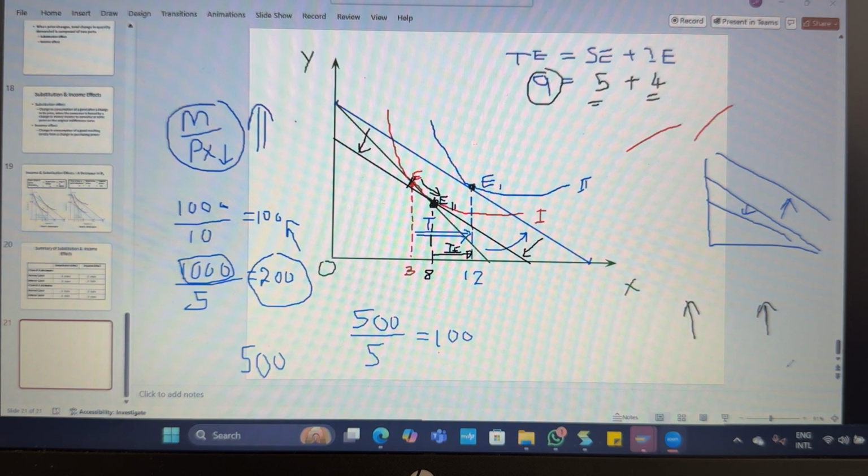Maybe luxuries and maybe necessary products. With income increases, you are compelled to buy a little more. So those are called either normal or luxury goods. If the income effect is very big, those are luxury goods. If the income effect is positive but small, it is a necessary good.